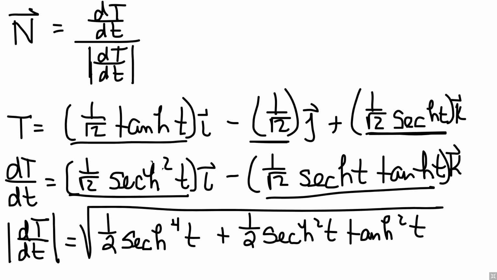So now, what do you think I could do? Factor out 1/2 secant hyperbolic squared t. Okay, so let's do that.